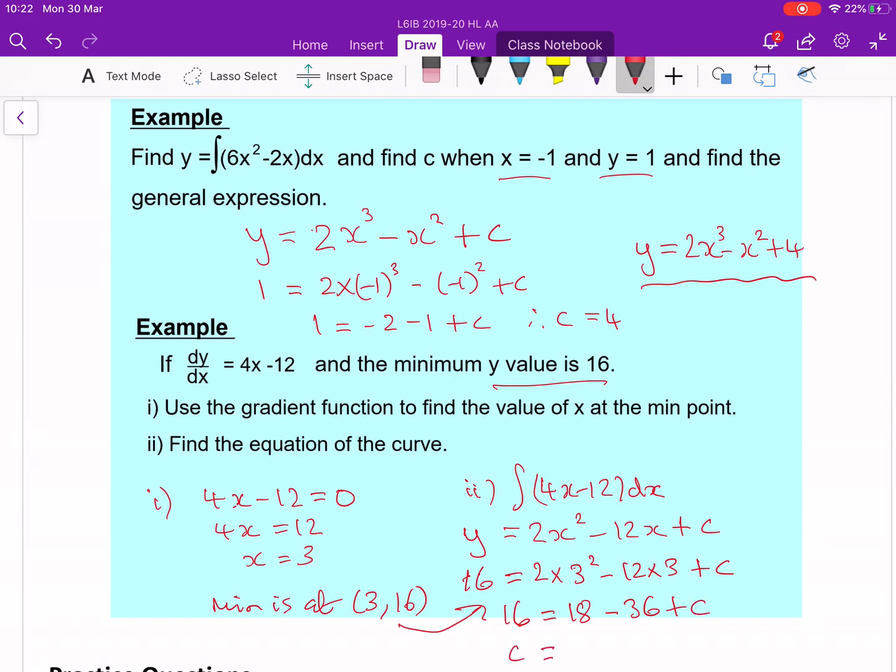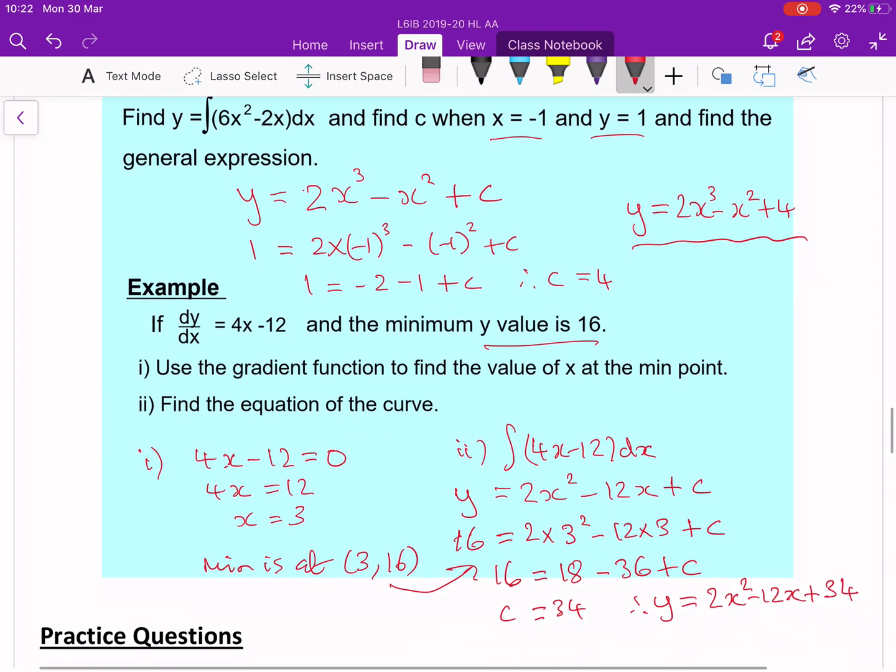So c works out to be 34, and therefore we get y equals 2x squared minus 12x plus 34.